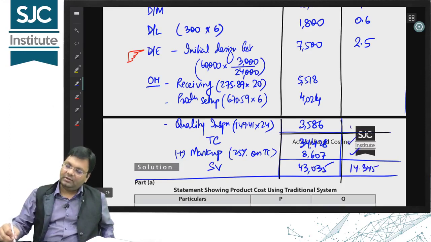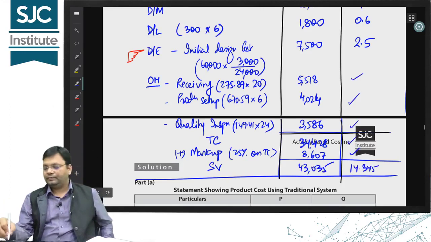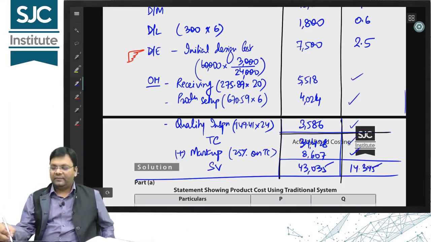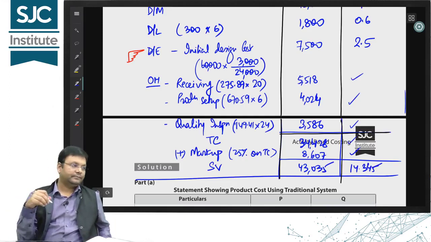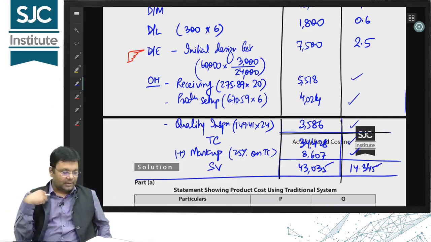So you can put in all the columns per unit also, but this is the answer, 14.345.